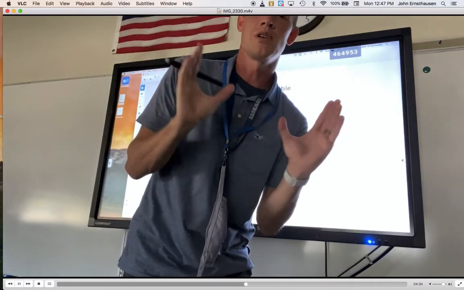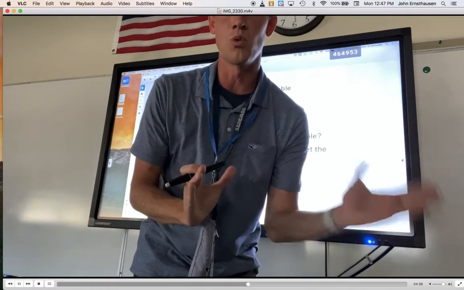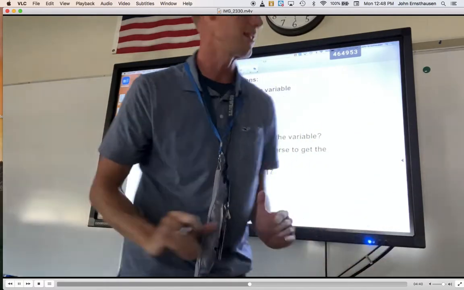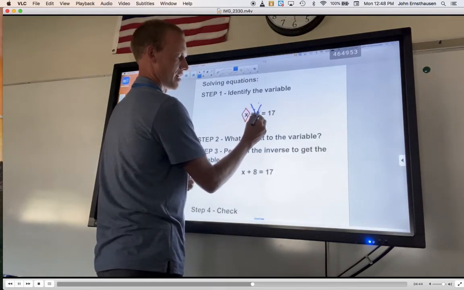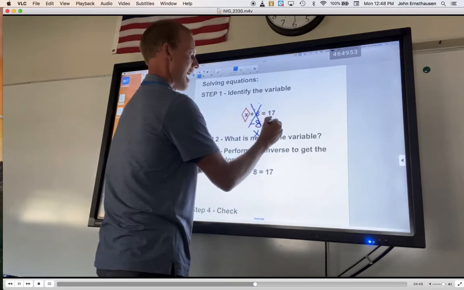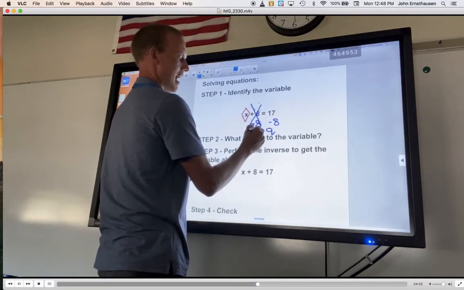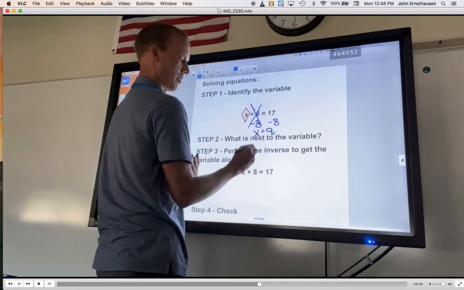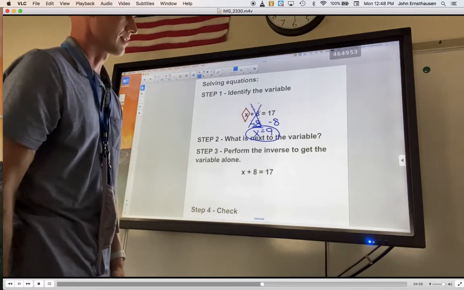And I'm not going to quiz you on this, but the subtraction property of equality says whatever you do to one side, you have to do to the other side. So since I subtracted 8 on the left side of the equation, there's two sides, the left side of the equal sign and the right side, I have to do it on the right side. When I do that, I have my variable alone, which means I'm going to have my answer, and I have my answer of 9, okay?